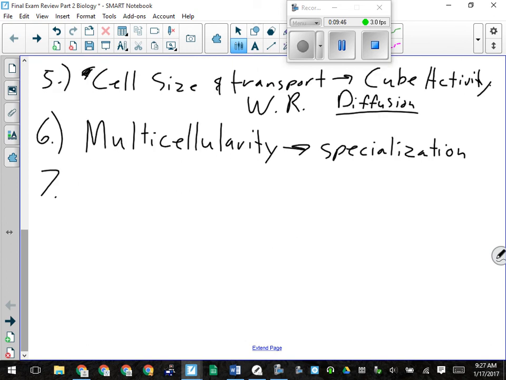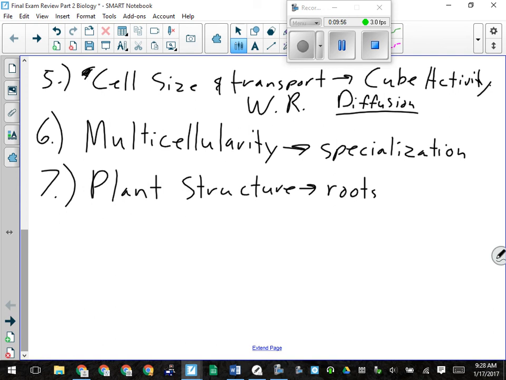Okay, then we talked about plant structure. Definitely know what all the parts do, the roots and the leaves, and the stem. The leaf layers: we got the waxy cuticle and the epidermis and the palisade layer and the spongy layer.